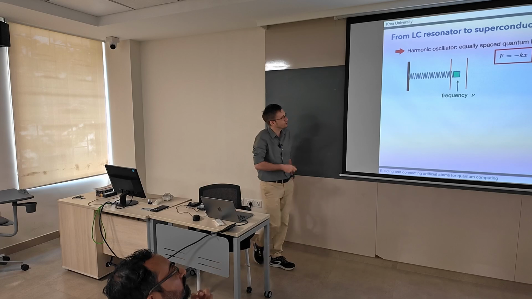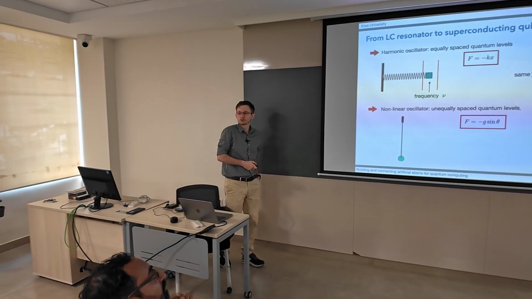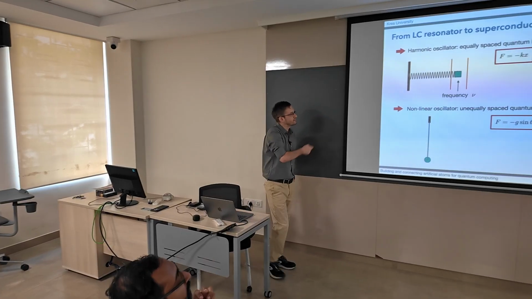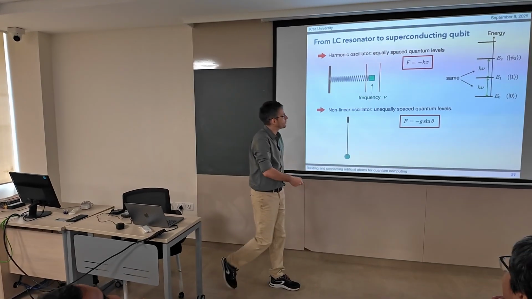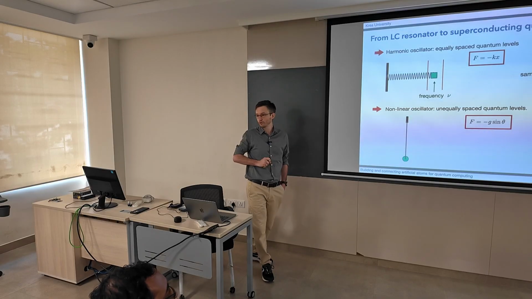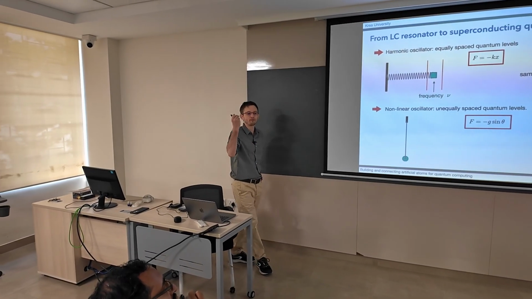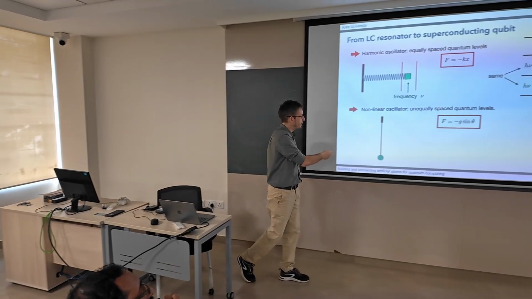Instead, what we have to do is break this equality of the levels. So to do that, we have to add some nonlinearity. What we do is we use something that has a nonlinear force. And for physics students, the first nonlinear system you learn about most often is the pendulum, right?